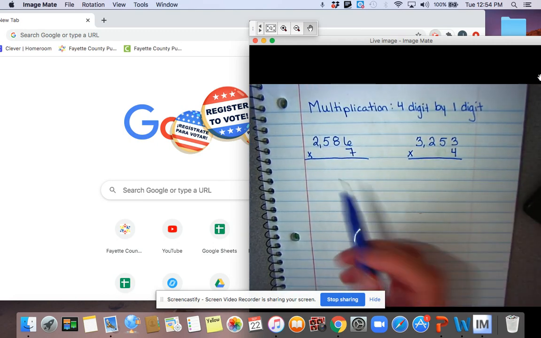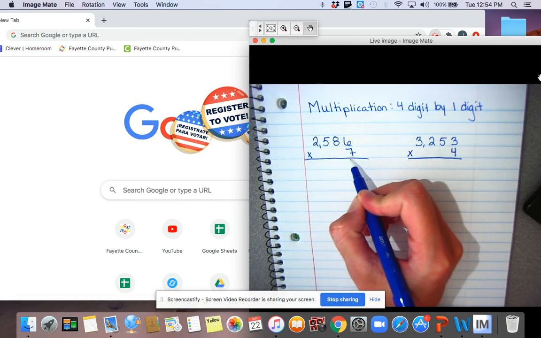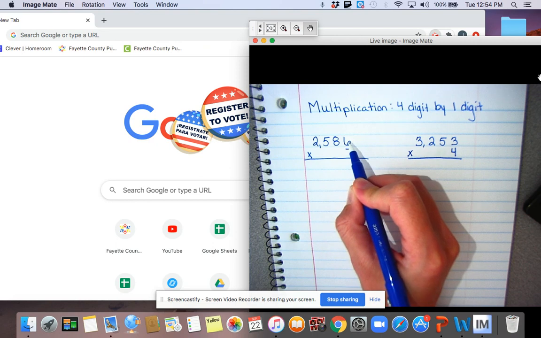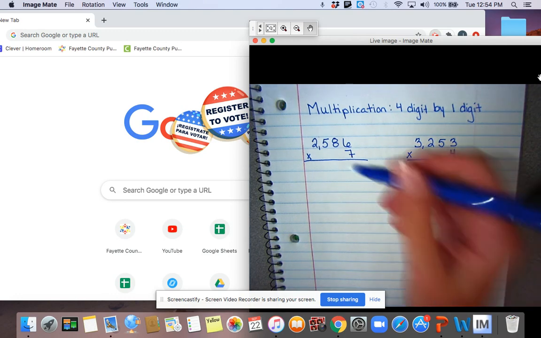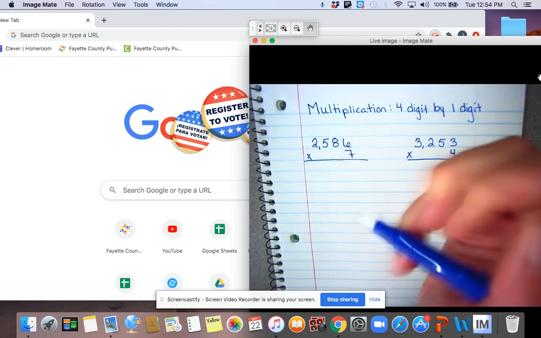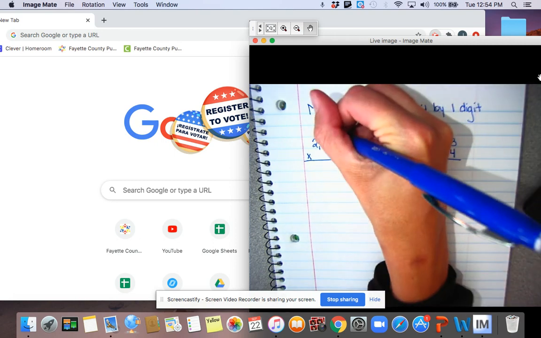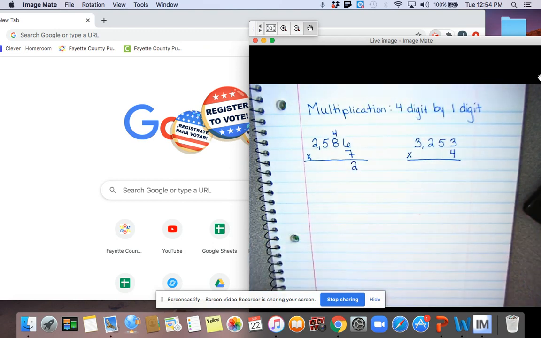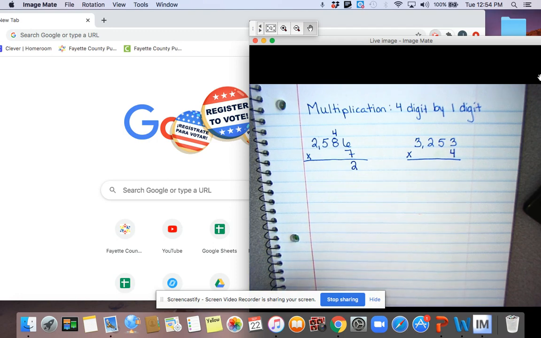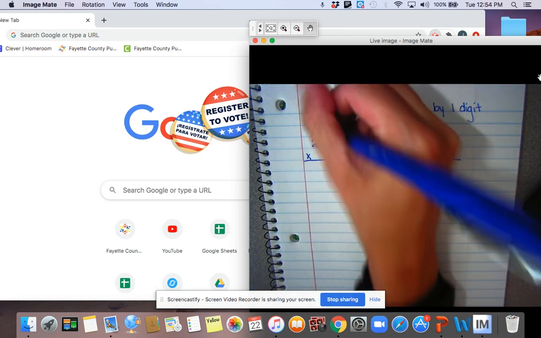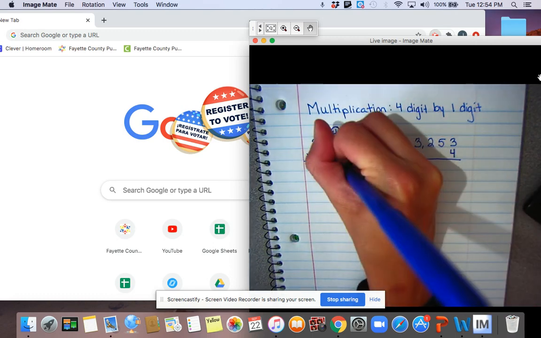All right, guys. So our first step that we are going to do, we are going to multiply our digit by the ones place. We always start multiplying by the ones and working our way towards the thousands. So I'm going to ask myself, 7 times 6, that is 42. And I'm going to carry my 4. Now I'm going to look at what 7 times 8 is. 7 times 8 is 56, but I have to add my 4, which would be 60.